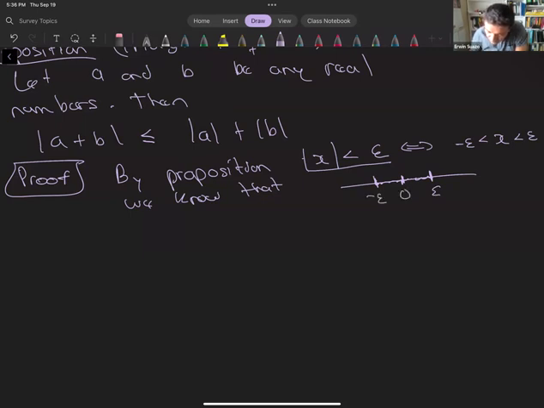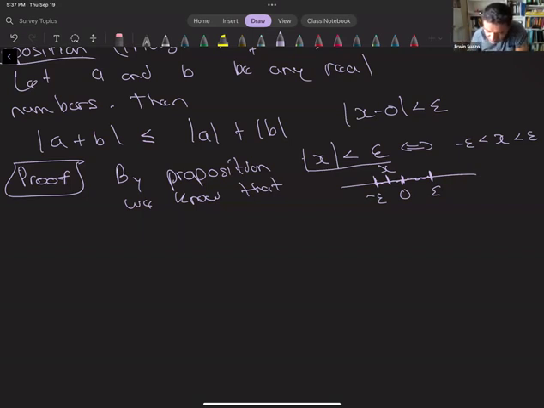So the absolute value is a distance: x minus 0 is less than epsilon. So this is saying the distance of x to 0 is less than epsilon. Okay? Those are interpretations that, if you're not doing the exercise, you miss. That's why I try to do the proofs myself.